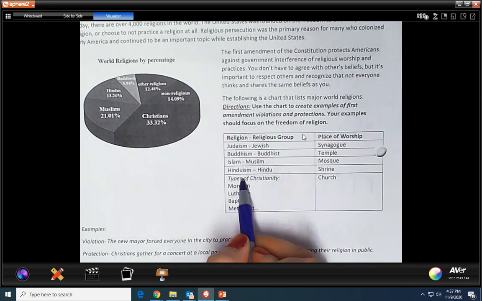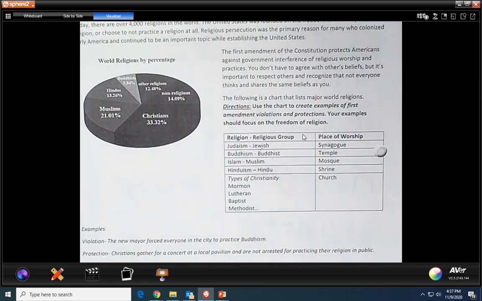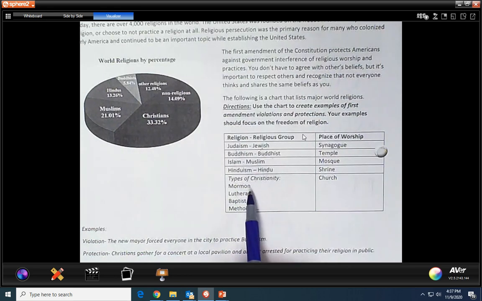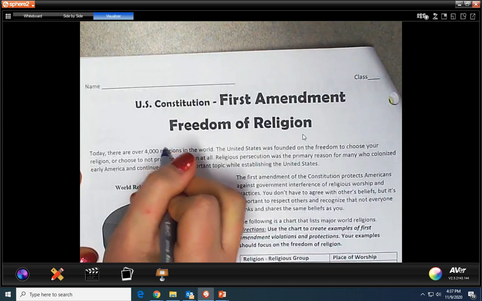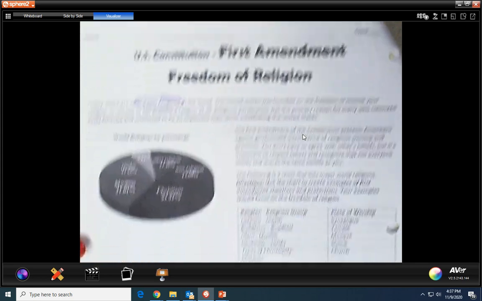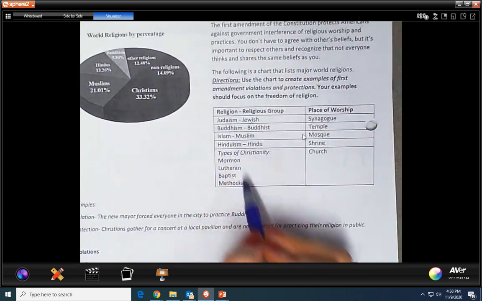There are many types of Christianity. A lot of people know that religion, but there's lots of different types of it, meaning people practice that religion in different ways: Mormon, Lutheran, Baptist, Methodist, and there are dozens more. As set up here, we have over 4,000 religions in this world. I've listed very few.